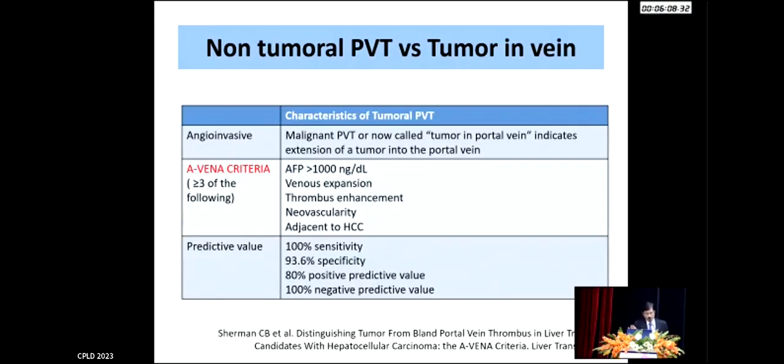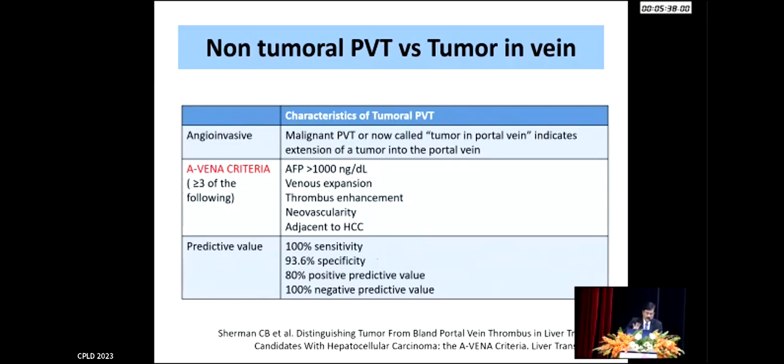This is not always very important. This is one slide I want to just stress 2 minutes on, because if somebody has a portal vein thrombosis, we must be very sure that there is no underlying HCC, underlying malignancy. Sometimes I've seen that the tumor is so small, you may miss it actually. So this criteria was given beautifully, not too long back, where 3 of the following criteria: vein expansion, thrombus enhancement, new vascularity, and adjacent to an HCC.